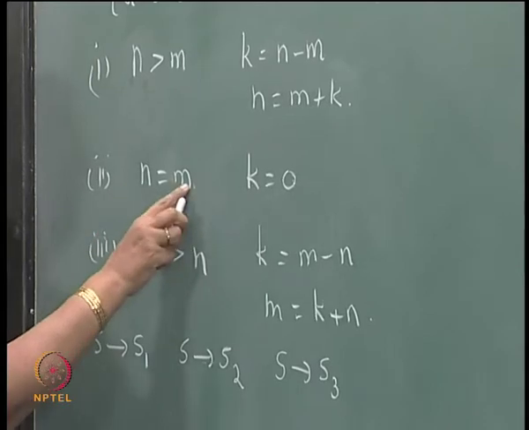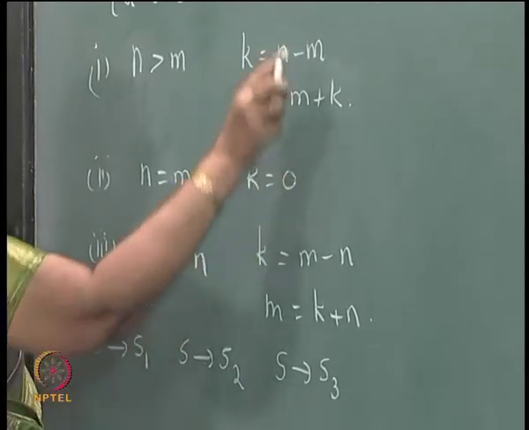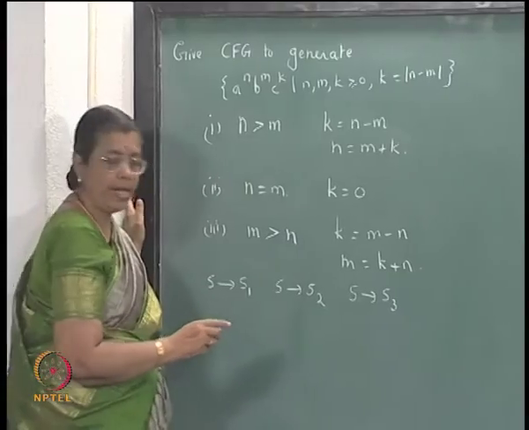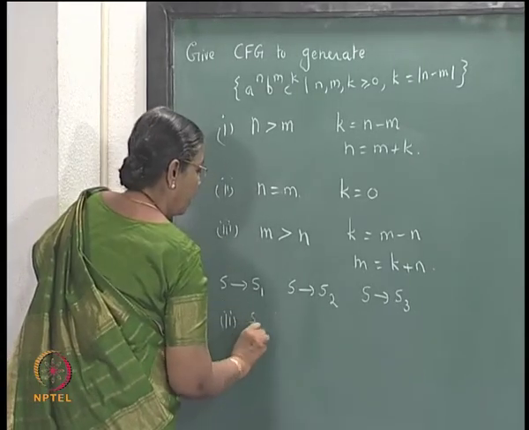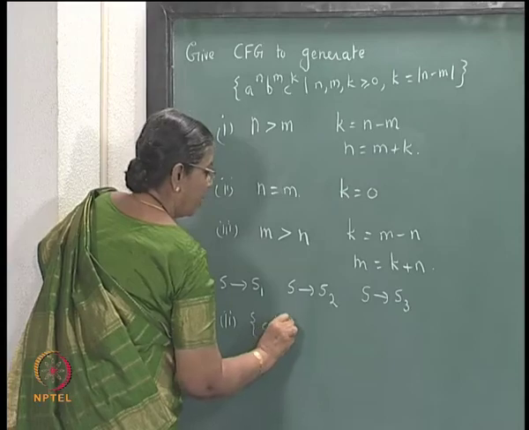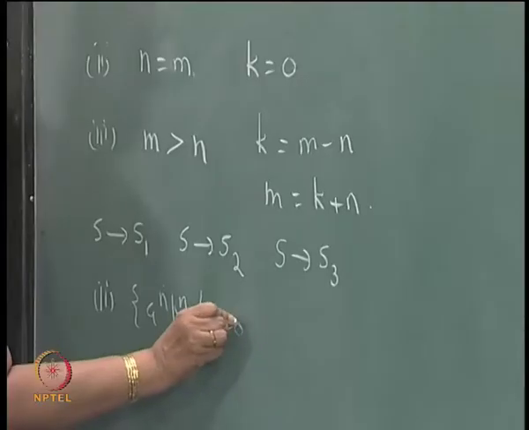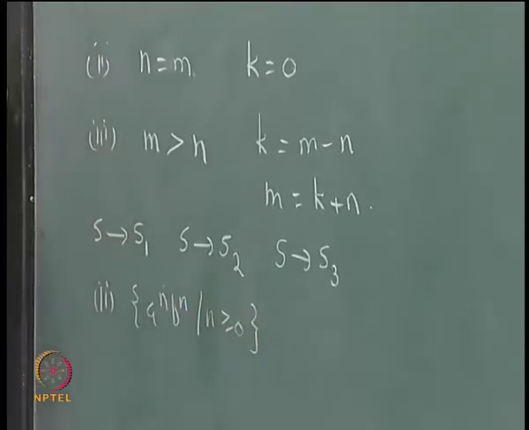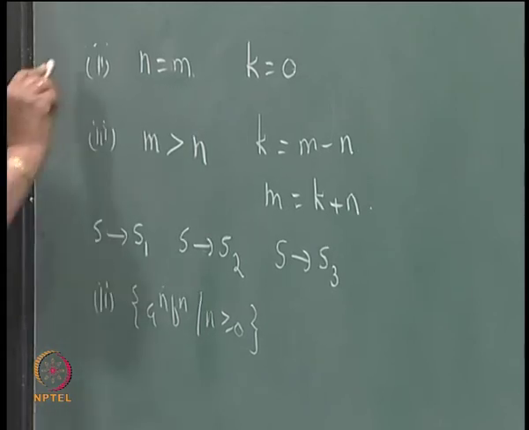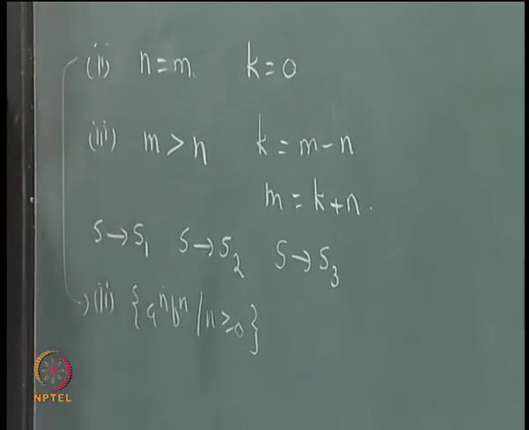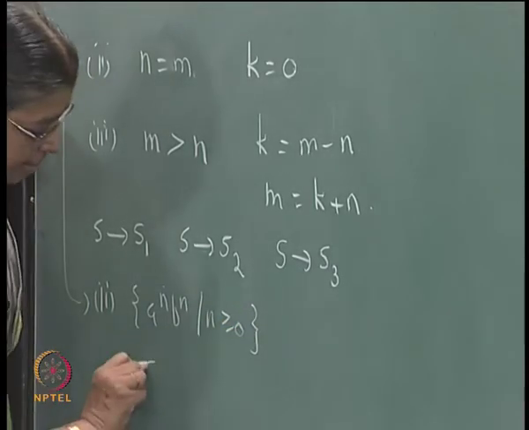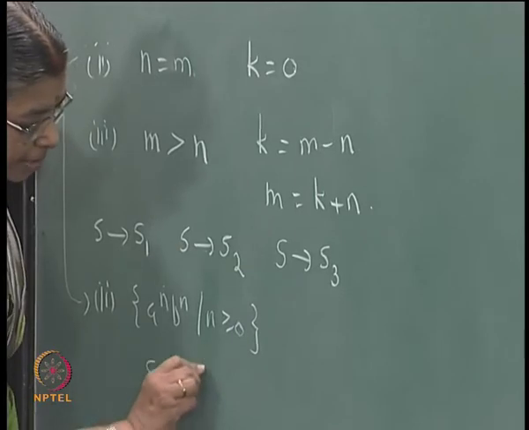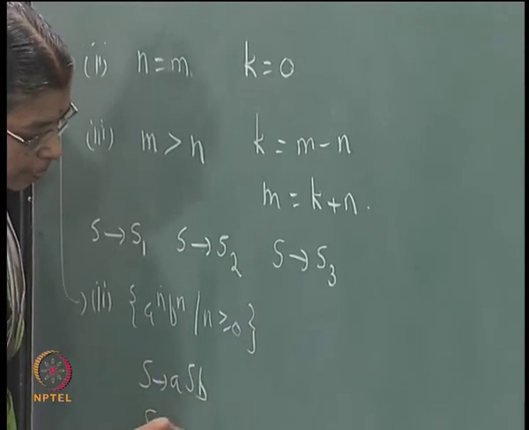When n is equal to m, k is equal to 0. So, what do you get? You get a^n b^n, n greater than or equal to 0. This you can very easily generate with S goes to A S B, S goes to epsilon.